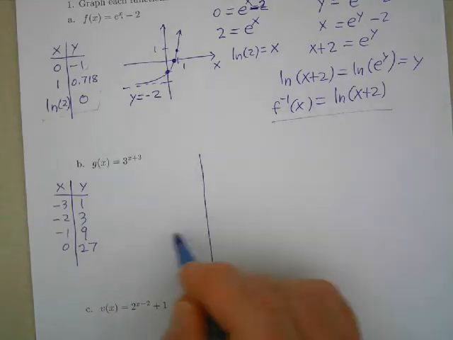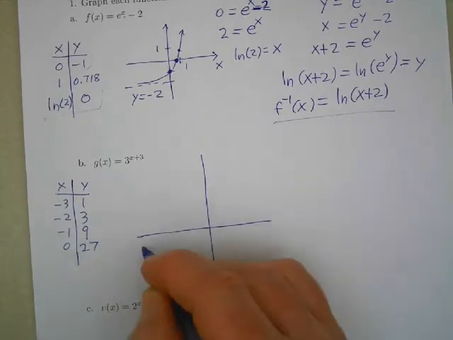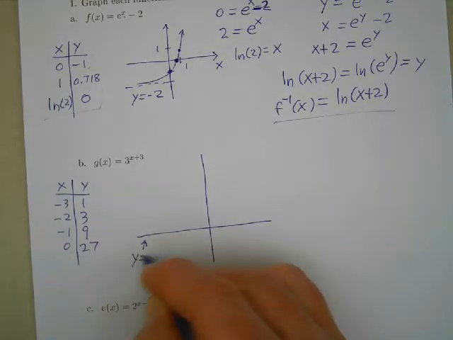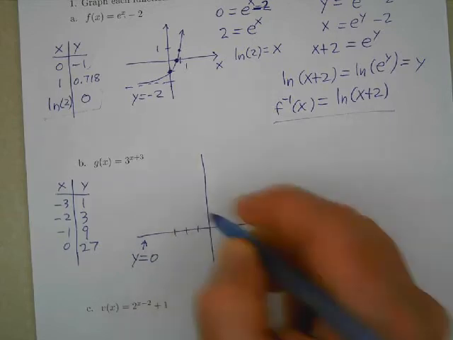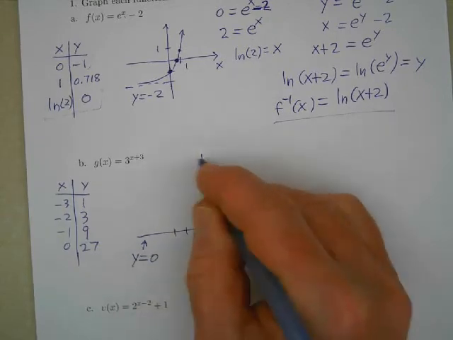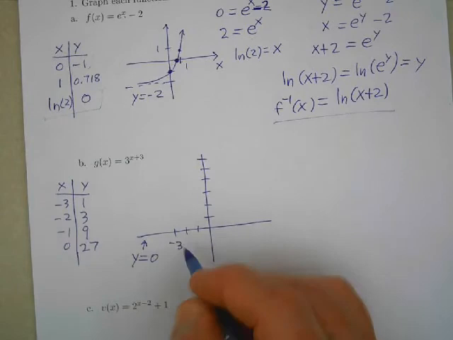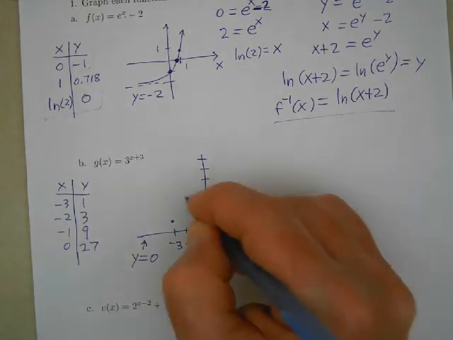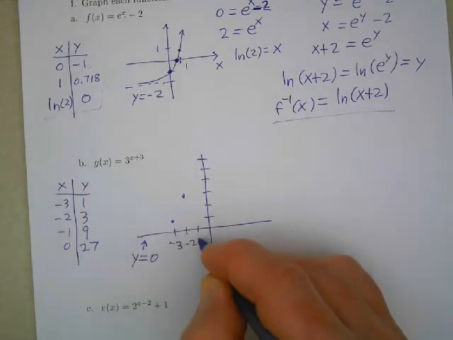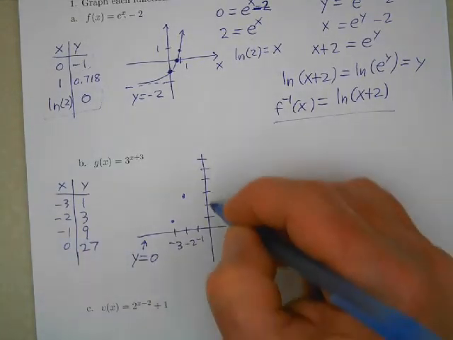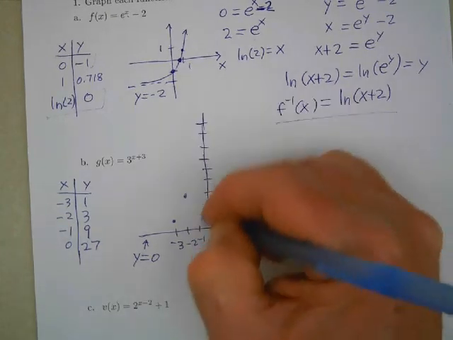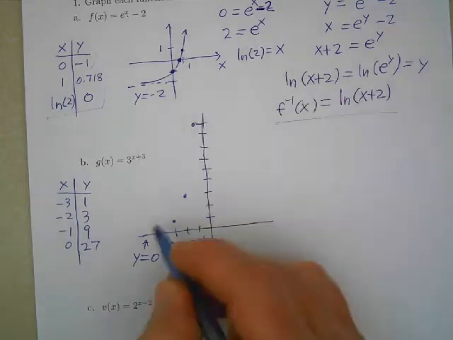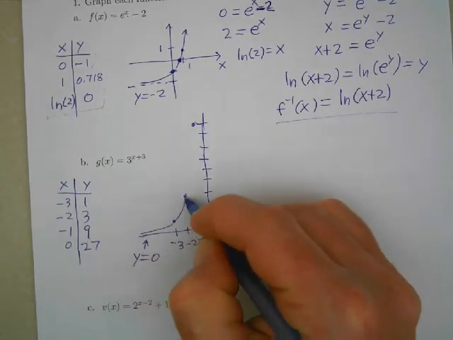So we know the horizontal asymptote is the x-axis, or y equals 0. So we'll plot a few of these. Negative 3, 1 is a point on the graph. Negative 2, 3. Negative 1, 9. So negative 1, 9 is right here. So the graph looks something like this.